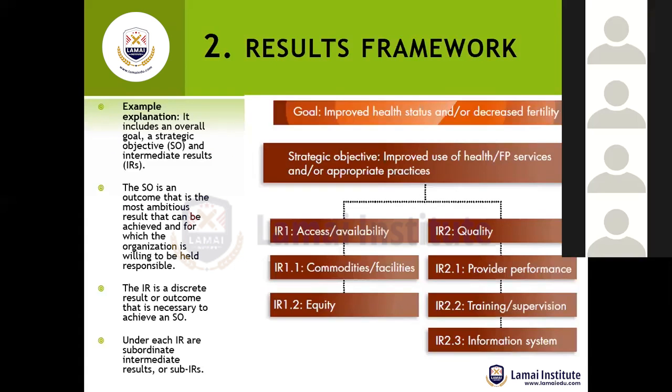You can see a diagram that tries to outline the results framework. This can be represented as a diagram or in a table, so it can take either format. You can still represent this in a table because frameworks are matrices. I just put a diagram here to make it easy to understand what we are looking at.